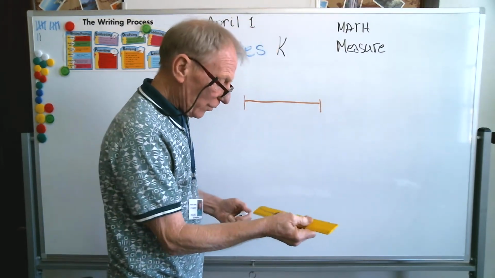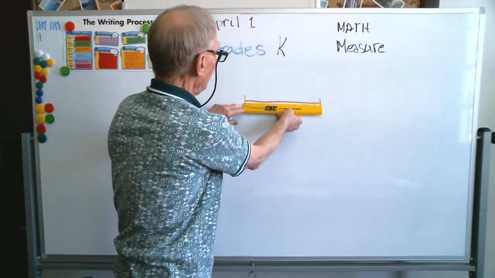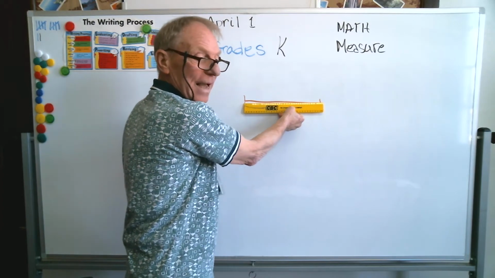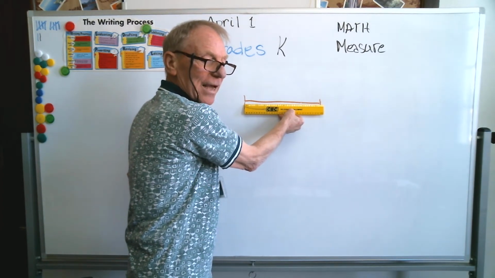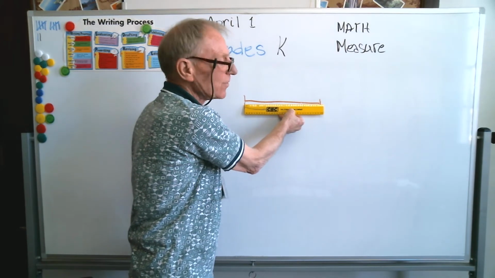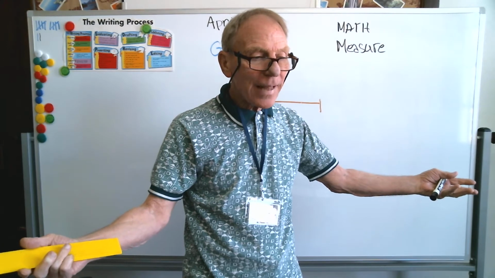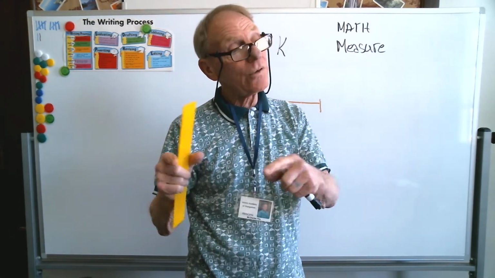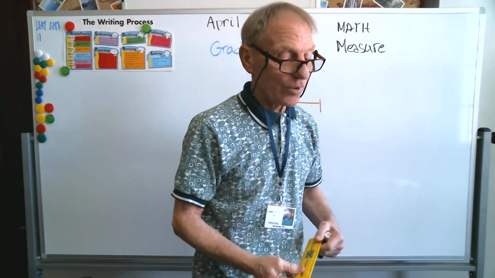Well, you take your little ruler, put it right at the beginning, and then you count the inches. And look at that. My line is exactly 12 inches. That means it's a foot. 12 inches equals 1 foot. Got it? Good.